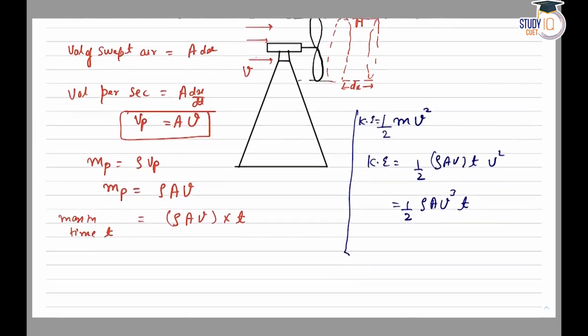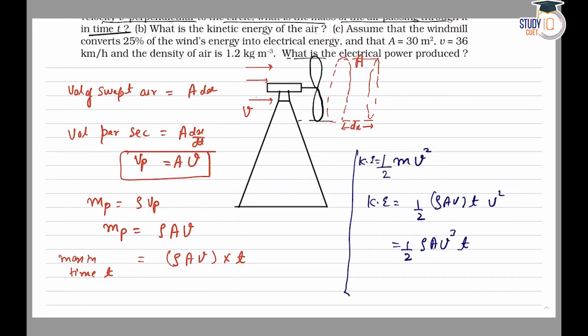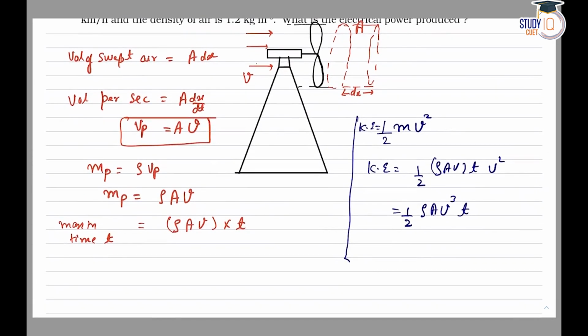And then the third part is, assume that the windmill converts 25% of the wind energy. Then what is the electrical power produced? So electrical power produced can be written as energy per unit time.